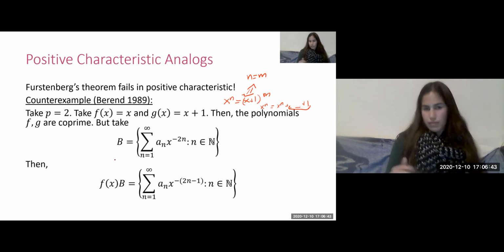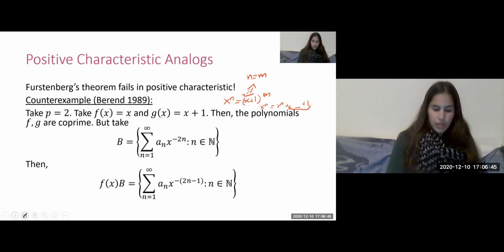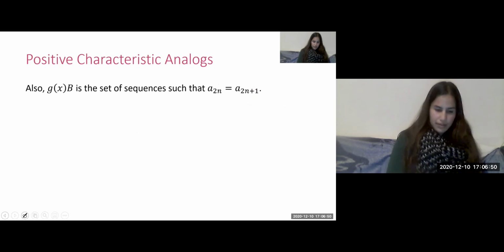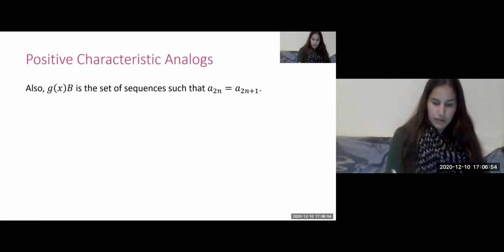Now let's see what happens when we multiply by g. I'm going to claim that g of x times P is going to be the set of sequences that have two coordinates equal. And why is that?